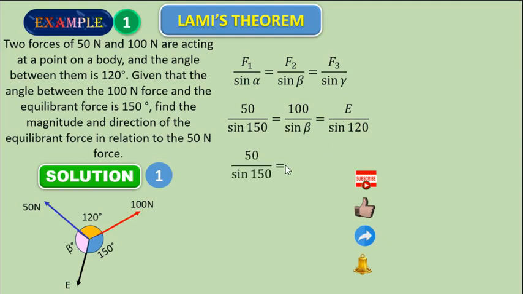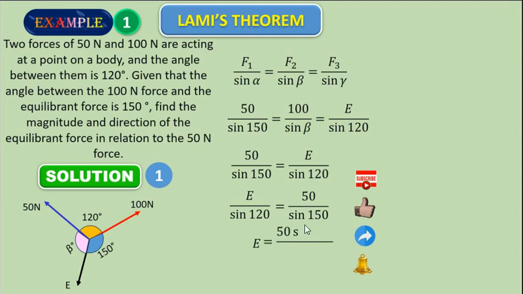So we can use the first one and the third one to find the equilibrant. Applying that, we have 50 over sine 150 is equal to E over sine 120. Then we make E the subject of the formula. So E will give me 50 sine 120 over sine 150. Remember, 50 sine 120 is obtained by cross multiplying: you have E sine 150.